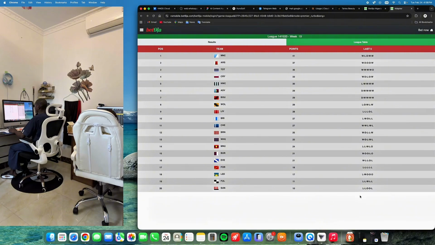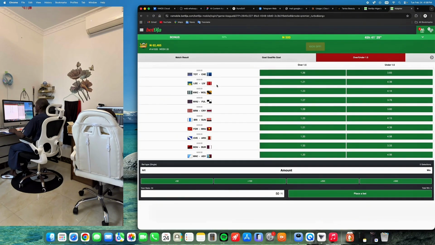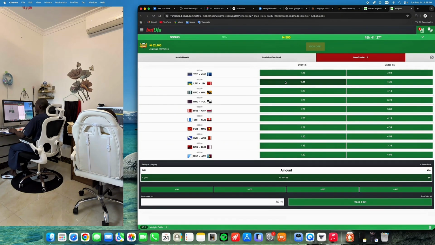Okay, these three things at the bottom is what we'll be using, okay? So we have Sunderland, Fulham, and Leicester, Lead, Lead. Okay, so we'll come, this Lead, Fulham, where's Fulham?